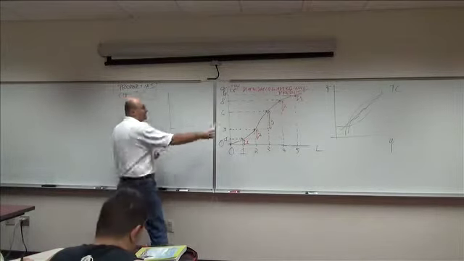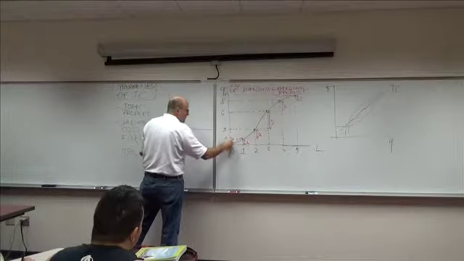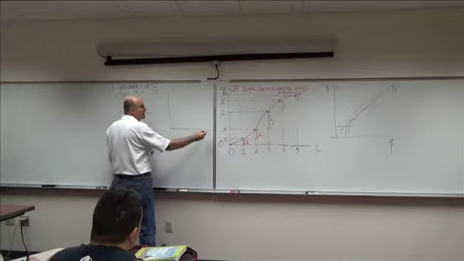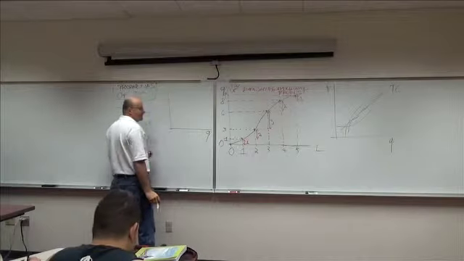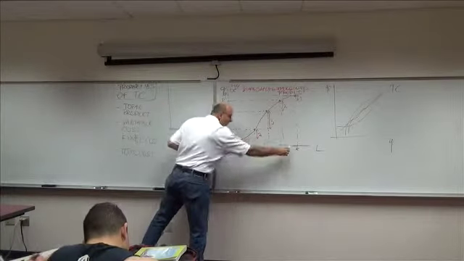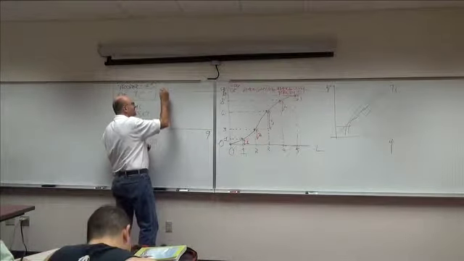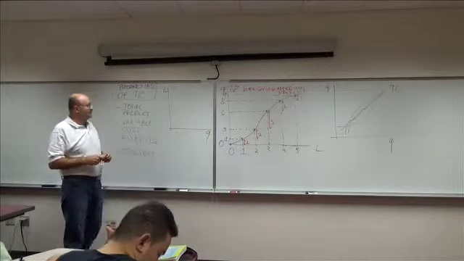In other words, quantity was the vertical axis. Now I'm going to make it a horizontal axis. Labor was the horizontal axis. Now I'm going to make it a vertical axis. That makes sense?